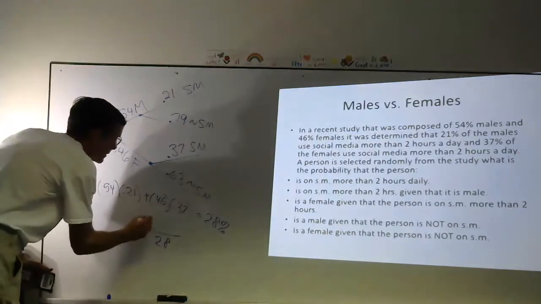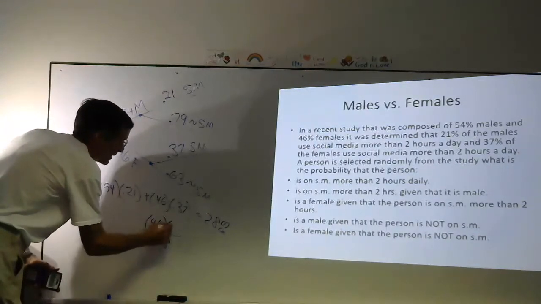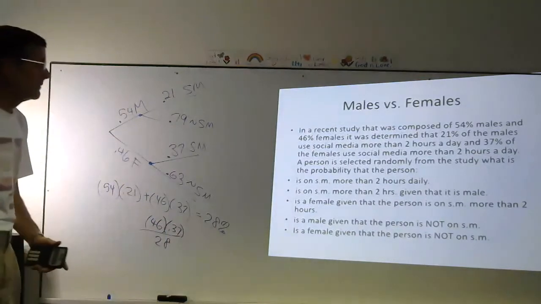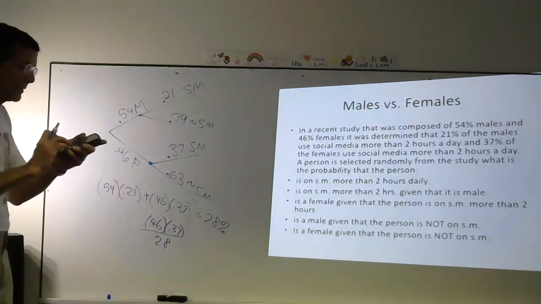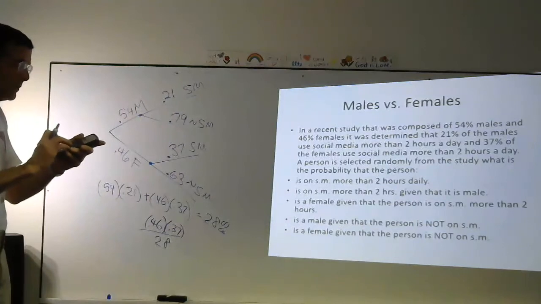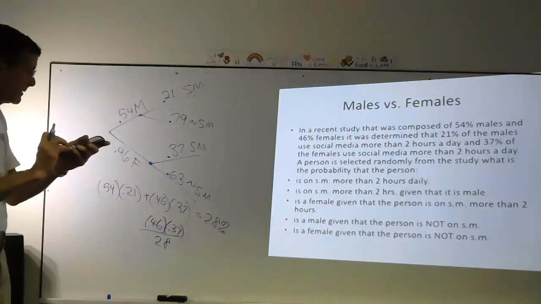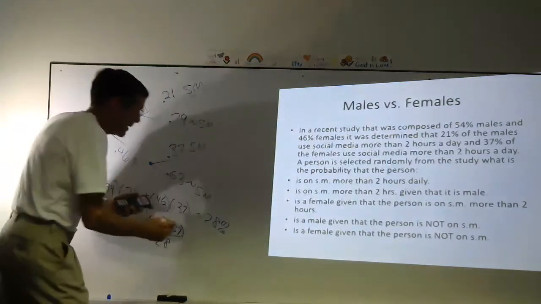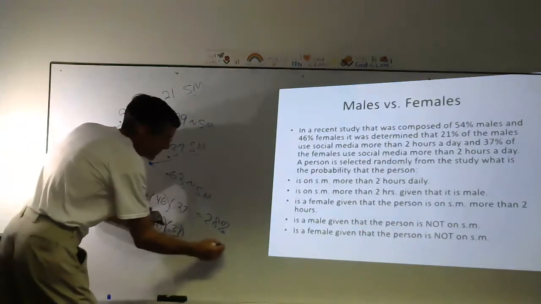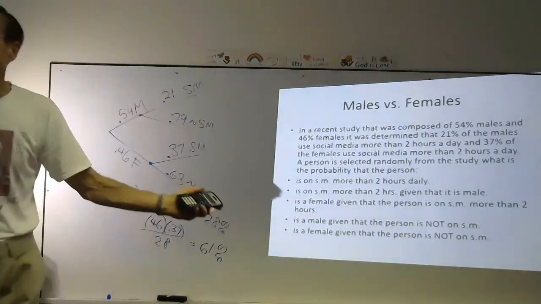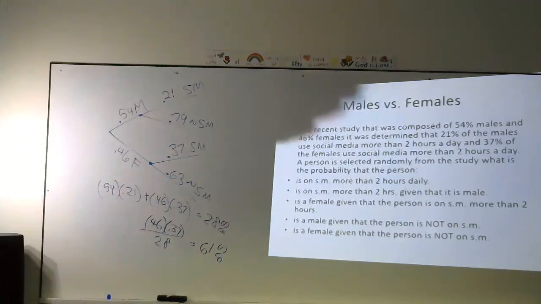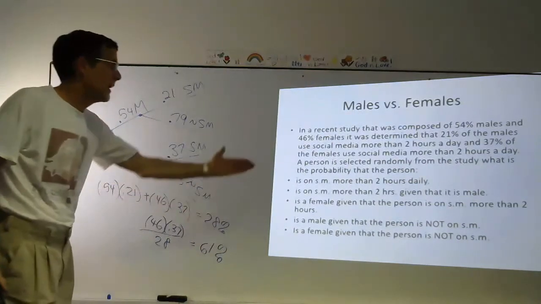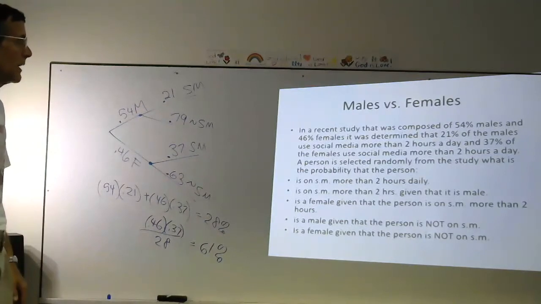Right there, 0.46 times 0.37, and divide by 0.28. The probability it's a female is 61%. That makes perfect sense because the women are on social media more than men, right? You would guess the percentage would be higher that it's a female.